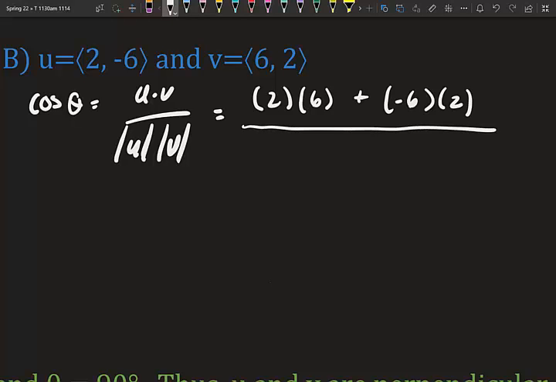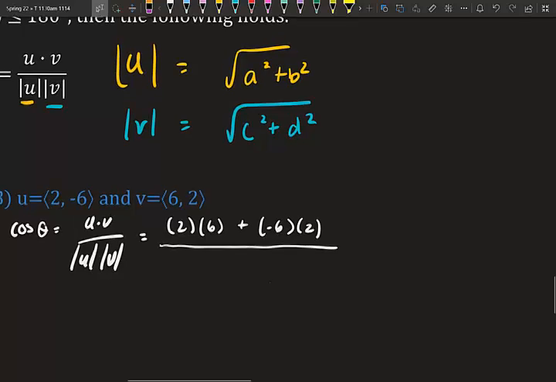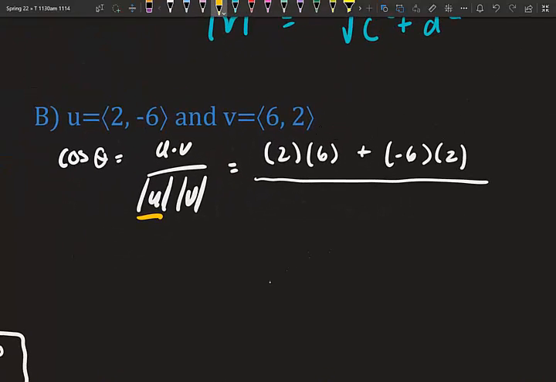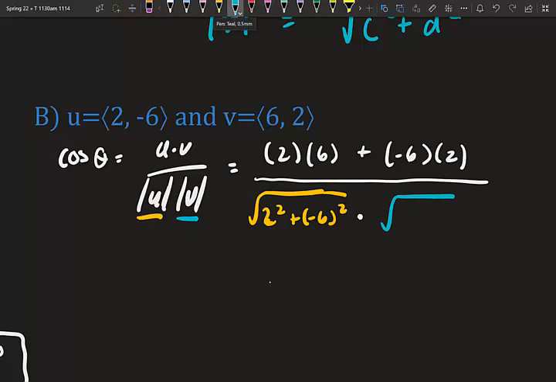And in the denominator, we do our little thing that we did up here. For our first one, it's a squared plus b squared, so 2 squared plus negative 6 squared. And then we're going to multiply that by the v, which is c squared plus d squared, so 6 squared plus 2 squared.